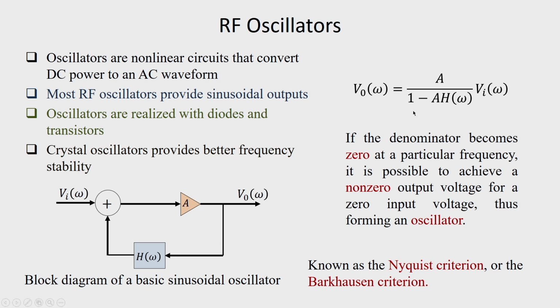This condition that 1 minus A H is equal to 0, this is known as Nyquist criterion or Barkhausen criterion.